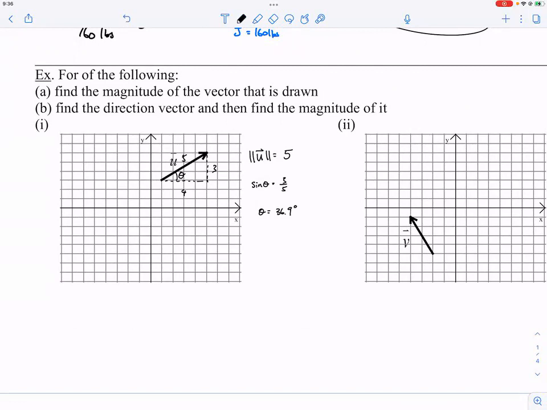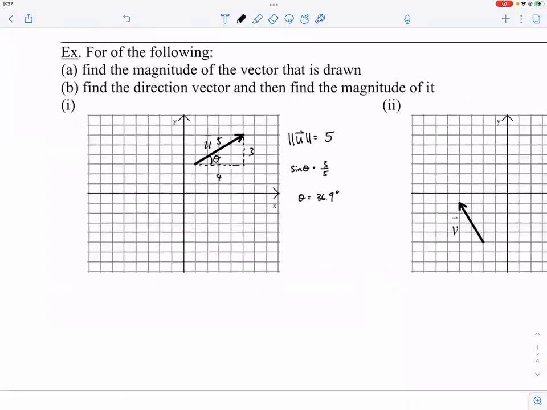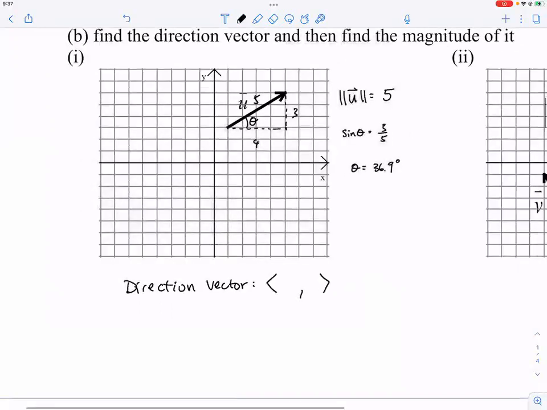So let's go ahead and write this down. For the direction vector, this is how we express it. We express it with this arrow bracket, we'll say 4, 3.